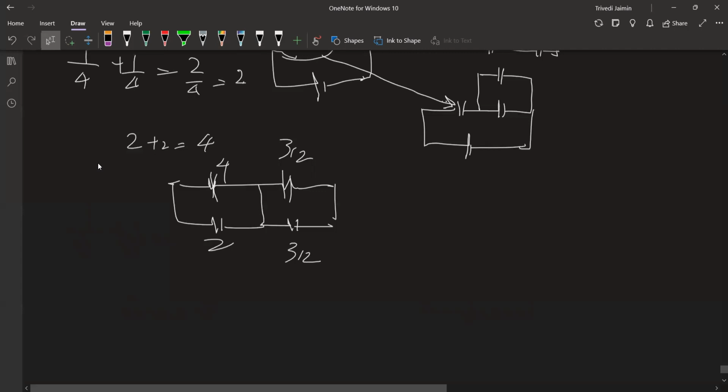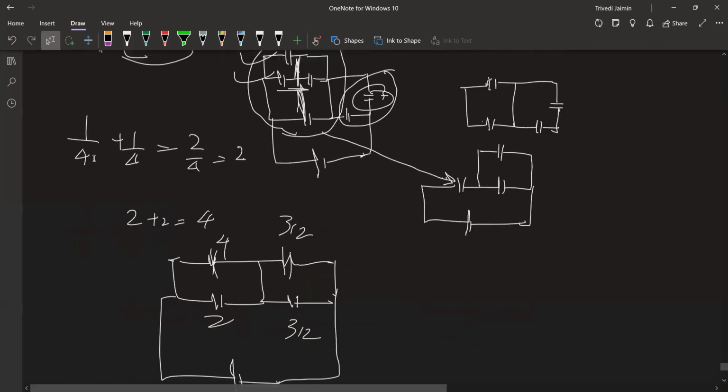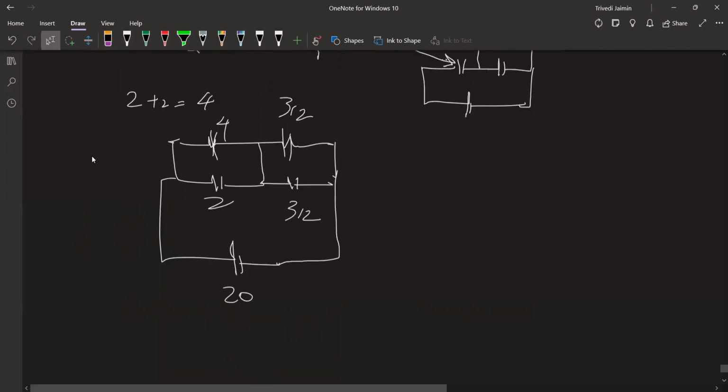What is the battery? What's the voltage here? 20. So this is V1, this is V2.